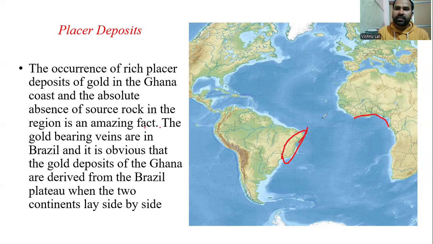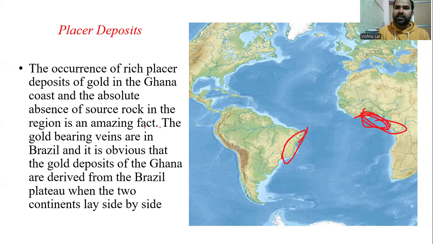Here there are deposits of gold. In the case of the Ghana coast, there are deposits of gold veins, but there is an absence of source rock.